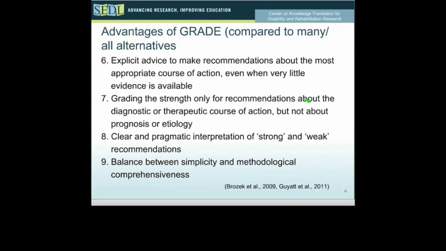GRADE is explicit about making recommendations for the most appropriate course of action, even when very little evidence is available. They're not hesitant to make a weak recommendation even if there is very little evidence, as opposed to, say, as I've complained about Cochrane before.